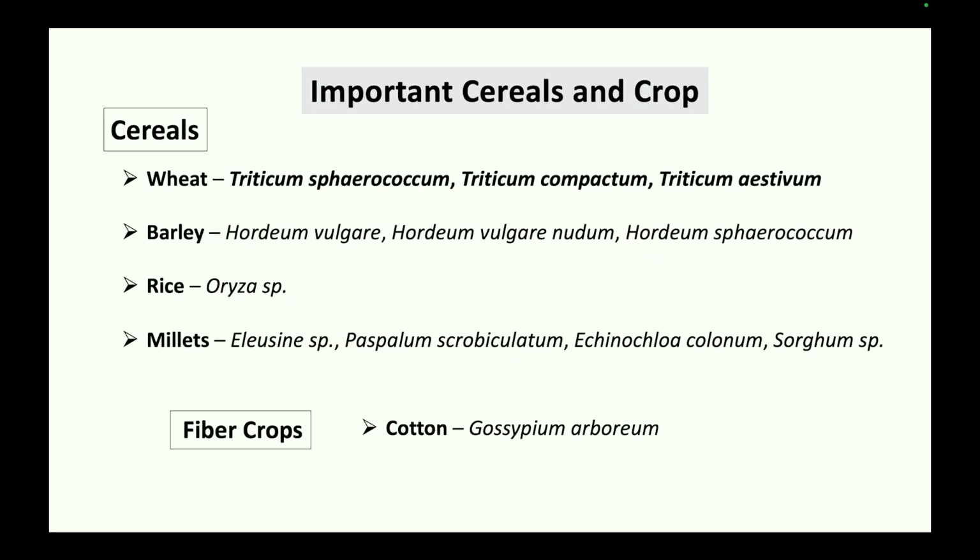Important cereals and crops which have been reported from the Harappan civilization are wheat, barley, rice, and millets. Let's discuss which species have been reported.